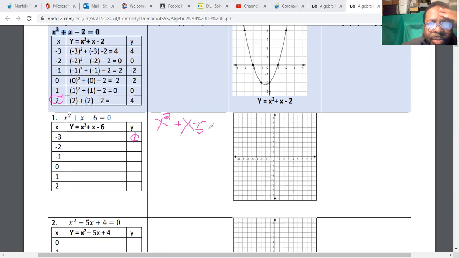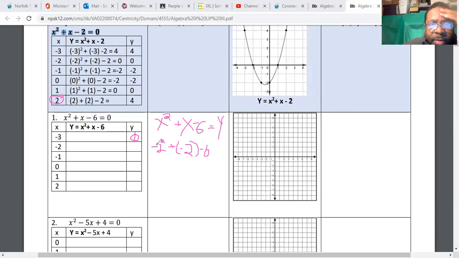And instead of saying equals 0, I'm going to say equals y, because we're trying to figure out what y is. So if negative 2 is x, that's going to be negative 2 squared plus negative 2 minus 6.